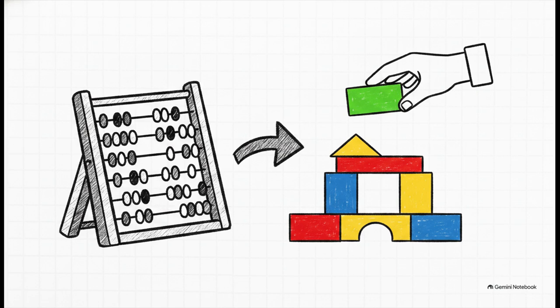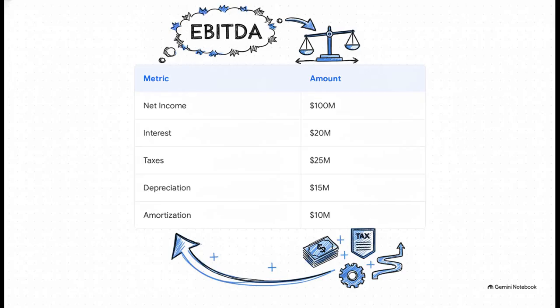Okay, let's actually do the math here. To truly grasp this concept, I think it helps to move to a real-world example and just mathematically reconstruct this number from the ground up. Let's say we start with the base net income, the literal bottom line, of $100 million. Well, we don't stop there. Remember that before part of the acronym? To get back to that before state, we basically have to work backward up the income statement.